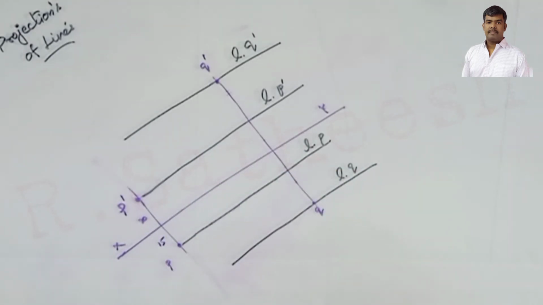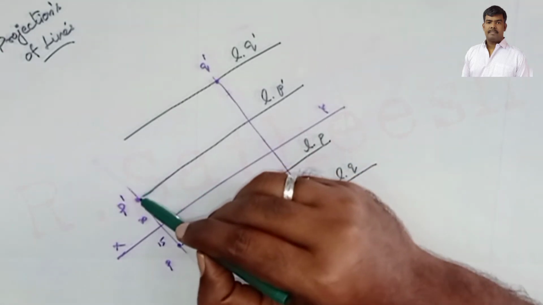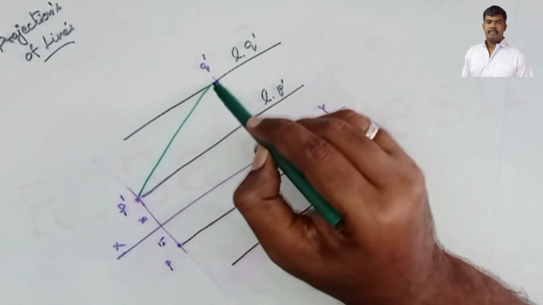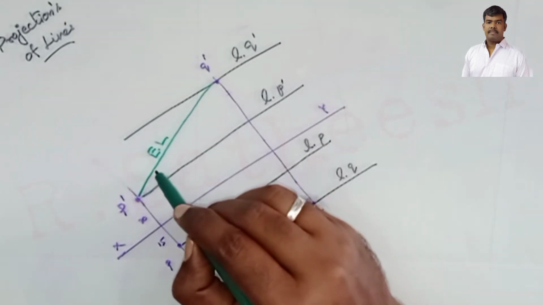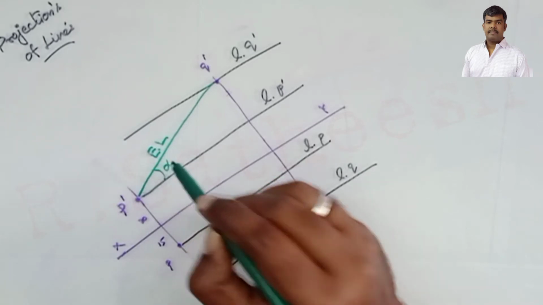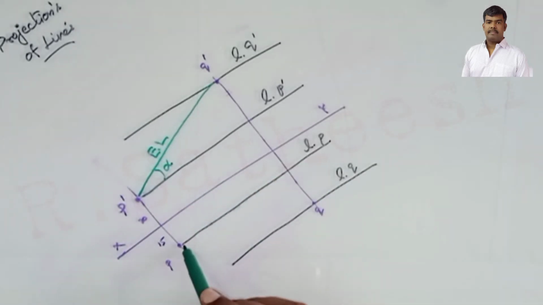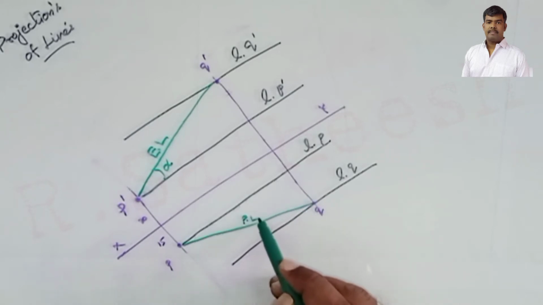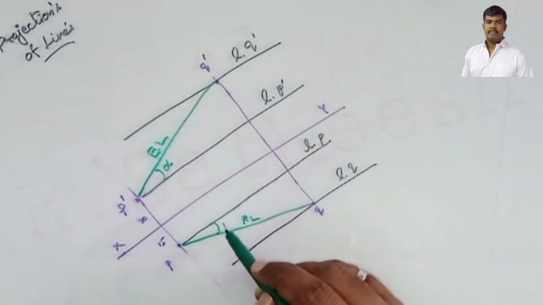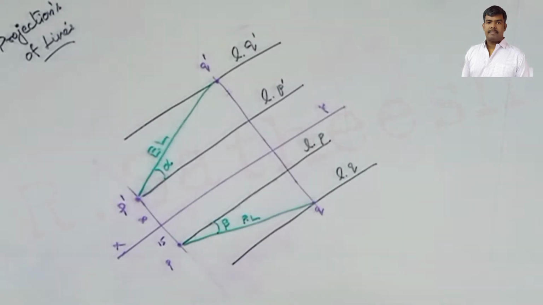And next, indirectly based on the given values, you know that P dash Q dash is the elevation length or front view length, and it makes an angle alpha. Now P Q is the top view length or plan length, and it makes an angle beta. So indirectly EL, PL, alpha and beta are given.